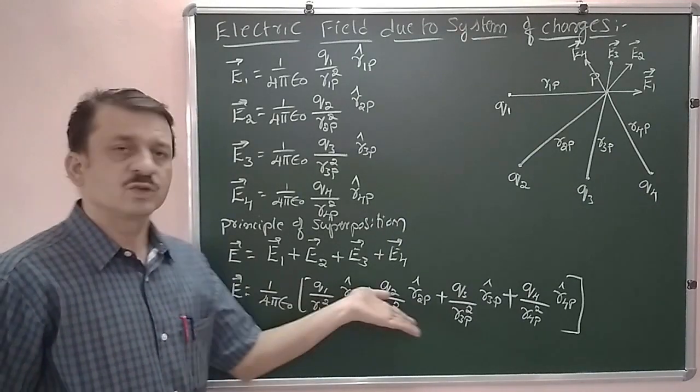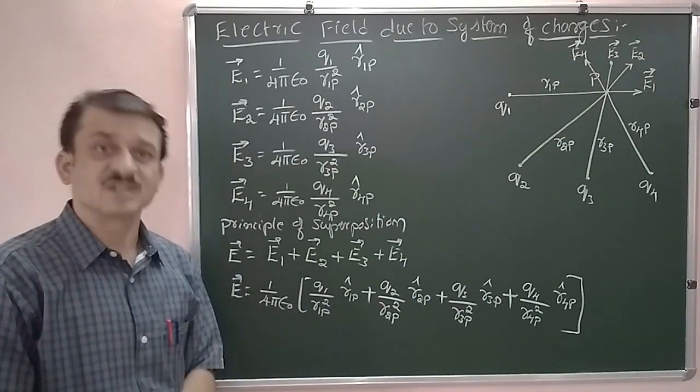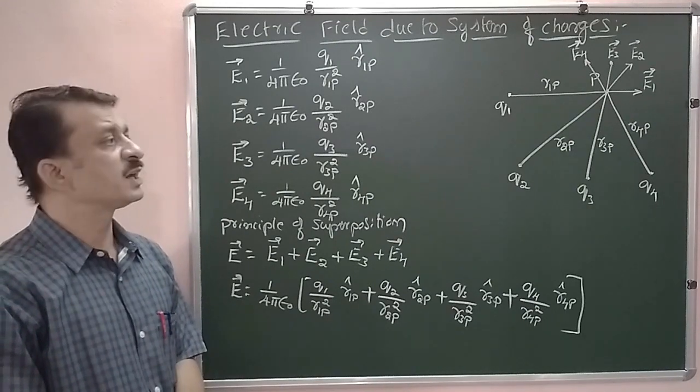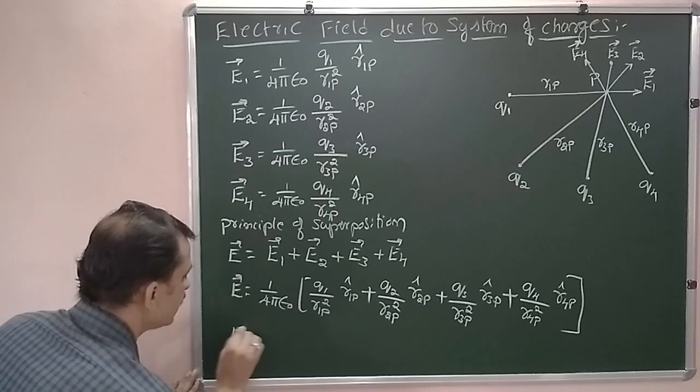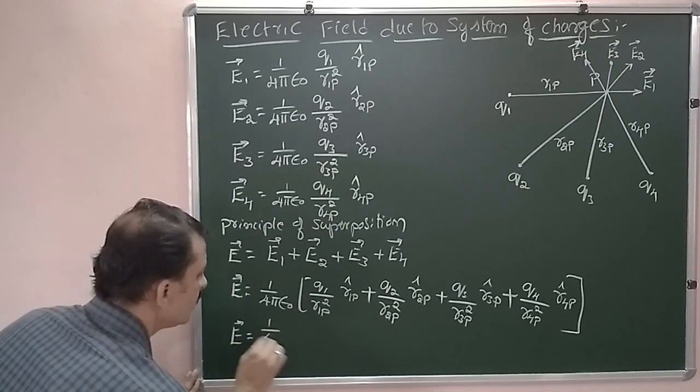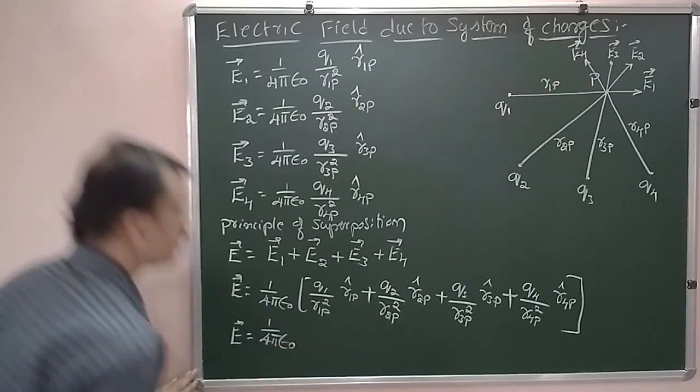If you extend this to a system of n charges, if you assume that there are n number of charges, then the electric field is given by 1 divided by 4 pi epsilon naught.